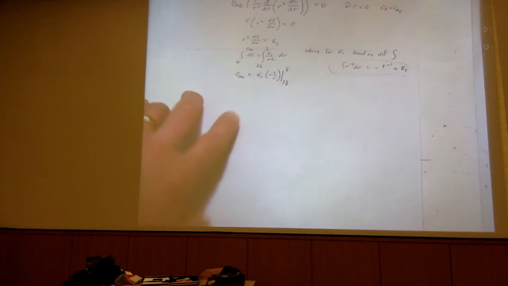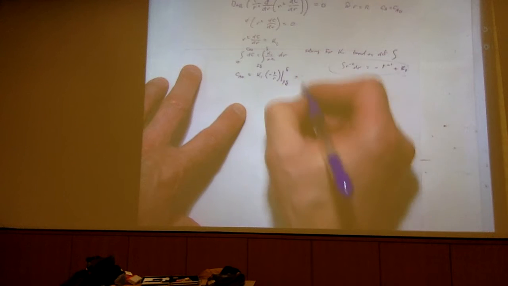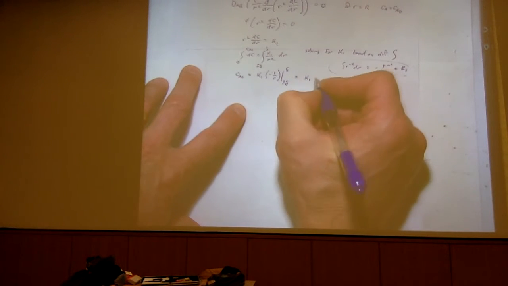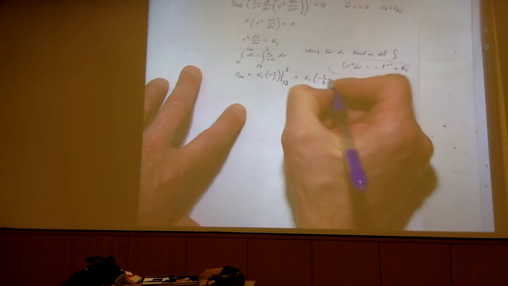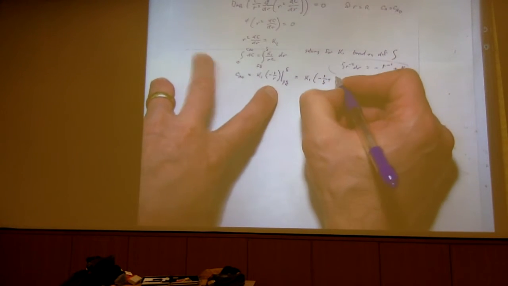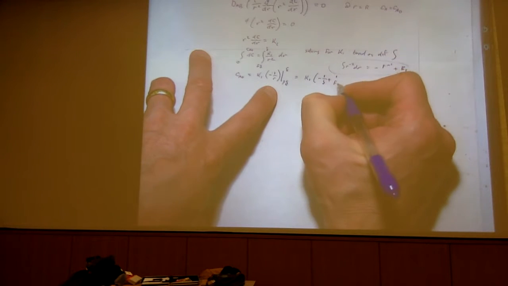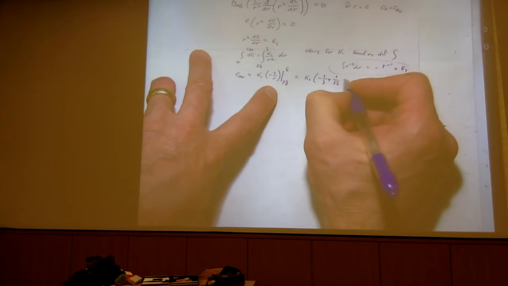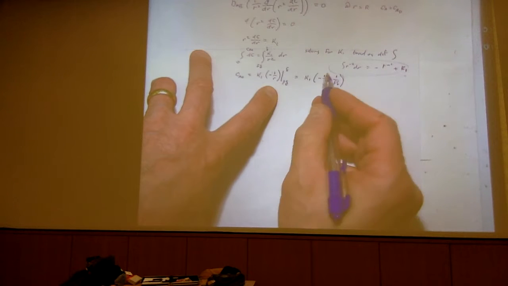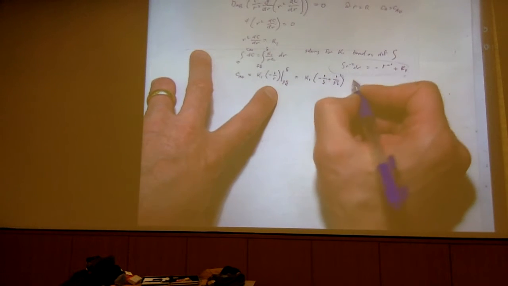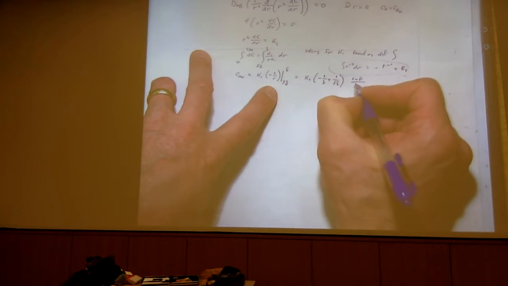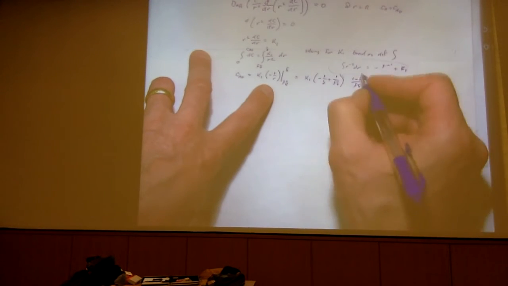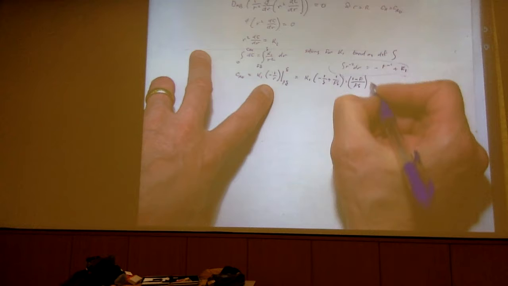Okay, and that will be equal to K1 times minus 1 over delta plus 1 over f delta, which I don't like because I know if I put an f and an f there, I'll get 1 minus f over f delta.